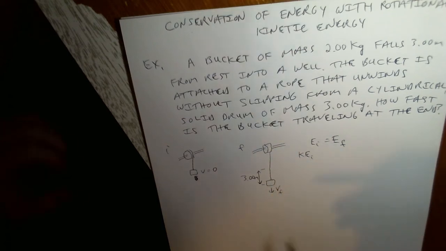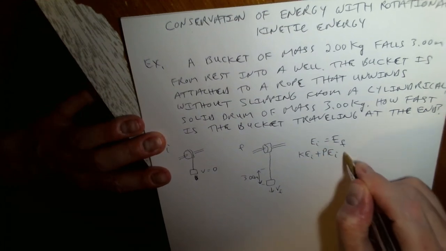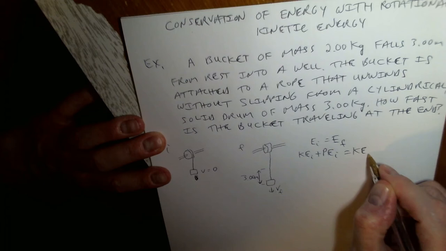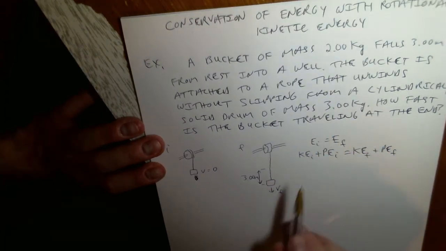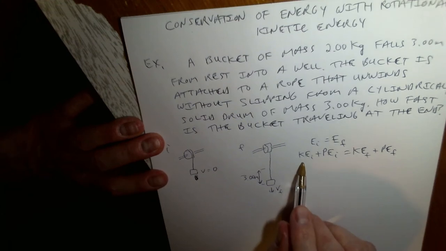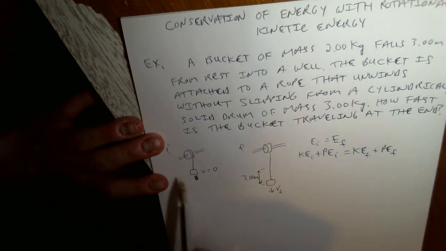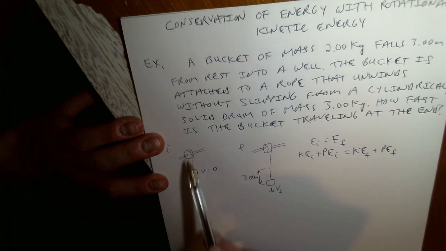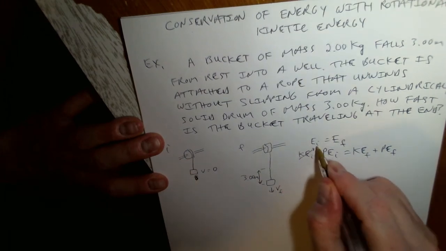So I'll start out just saying that the initial energy is kinetic plus potential initial, and the final is kinetic plus potential final. And then I'll ask, what are all the forms of kinetic initial? Well, everything's at rest initially, so the kinetic energy initially is 0. I'll just get rid of it.